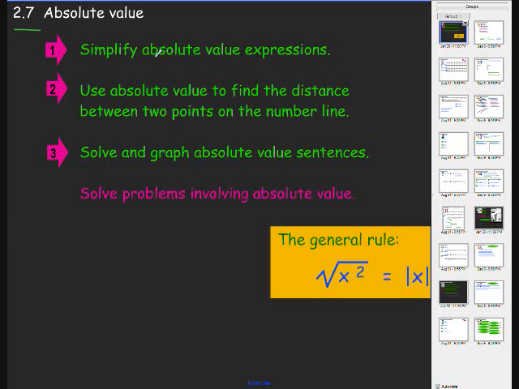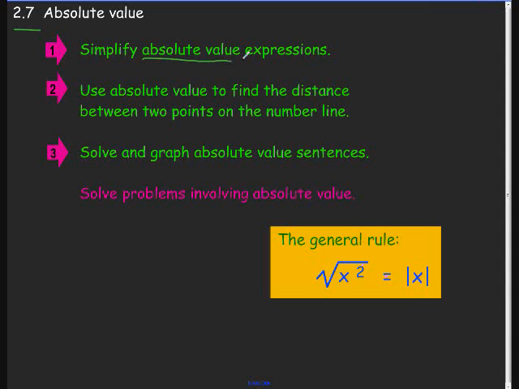We're going to be simplifying absolute value expressions. We know an expression is different than an equation. An equation always has an equal sign. Use absolute value to find the distance between 2 points on a number line.